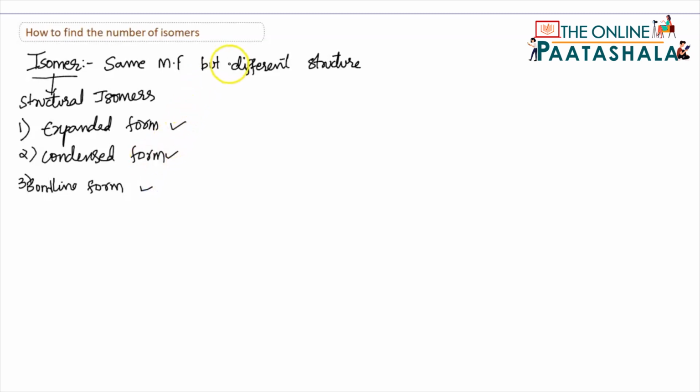We are finding these isomers first for alkanes. What are the root words for alkanes? As we know, they are meth, methane, ethane, propane, butane, and so on.